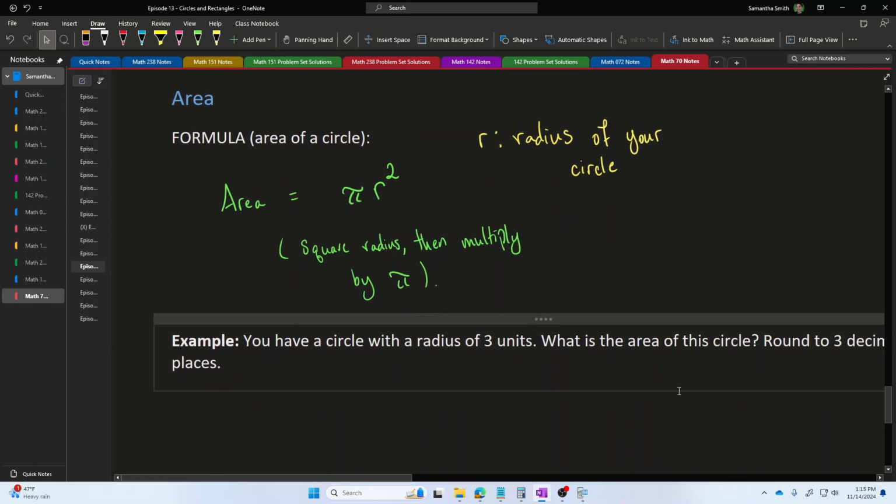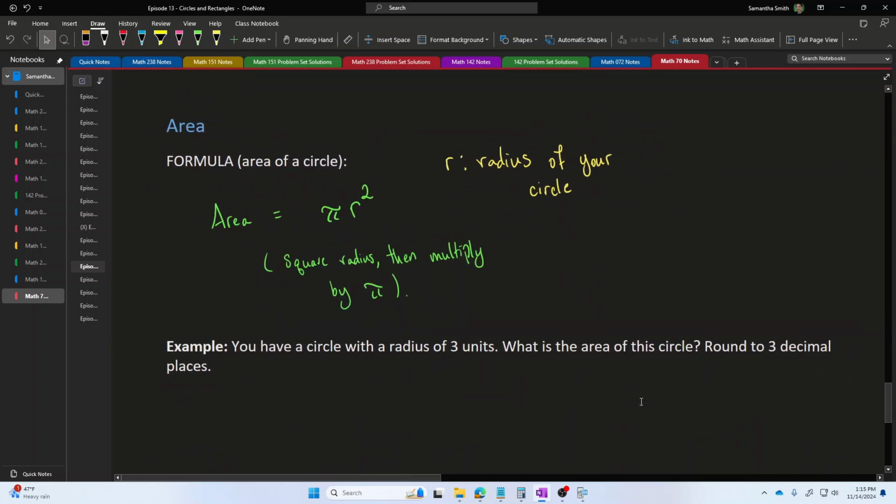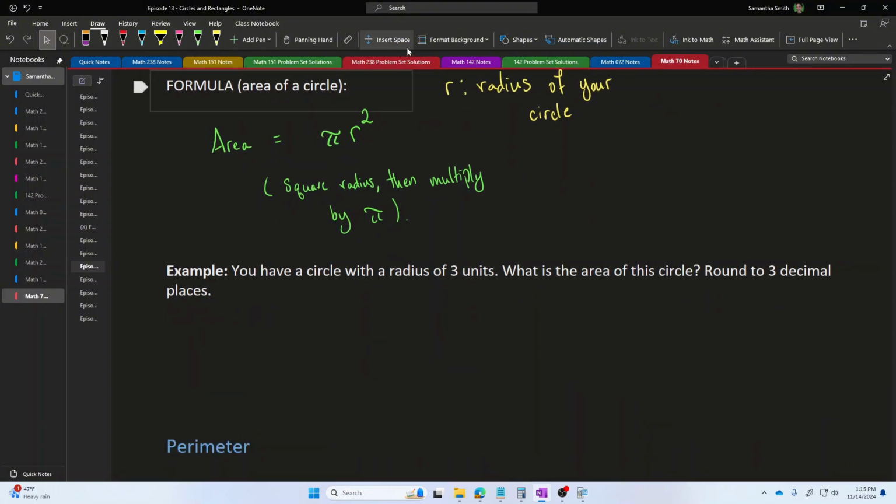So for example, someone says, I have a circle and the radius of my circle is specifically 3 units. If this is the radius of my circle, what is the area of my circle? Round to 3 decimal places if you have to.